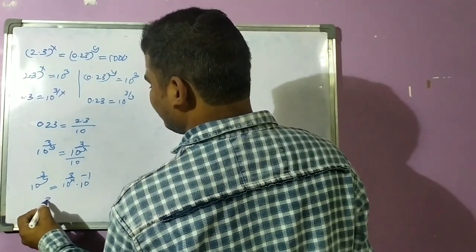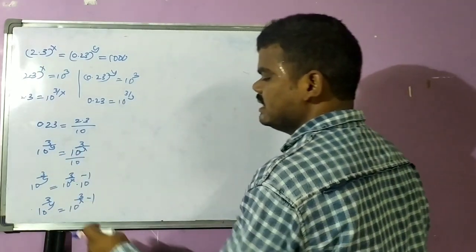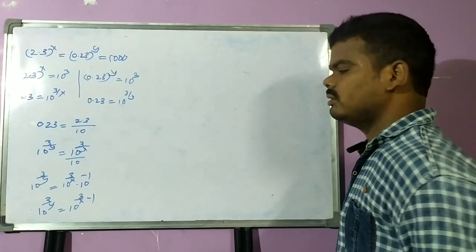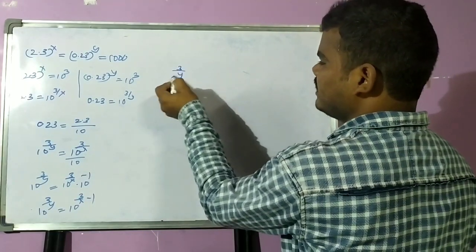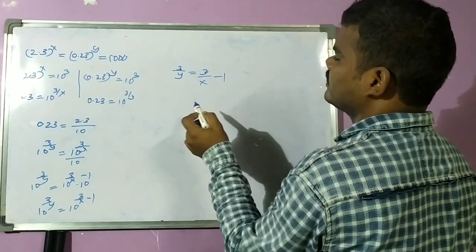Now 10 to the power of 3 by y is equal to 10 to the power of 3 by x minus 1. Both sides bases are equal, therefore 3 by y is equal to 3 by x minus 1.